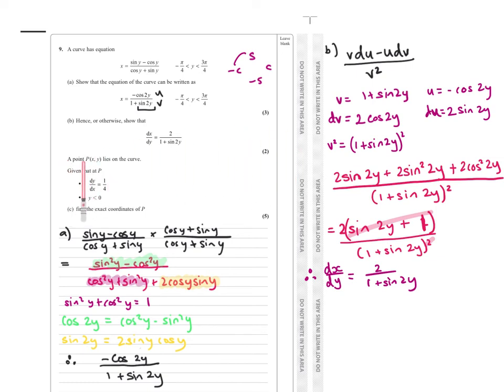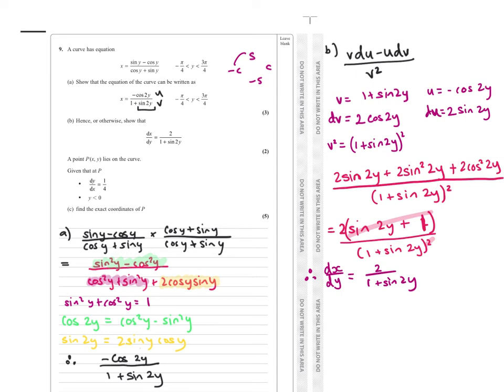Now it says, a point P, (x, y) lies on the curve. Given that at P, dy by dx equals a quarter, and y is less than 0, find the exact coordinates of P. First of all, it says dy by dx, but I've got dx by dy, so I need to flip it.